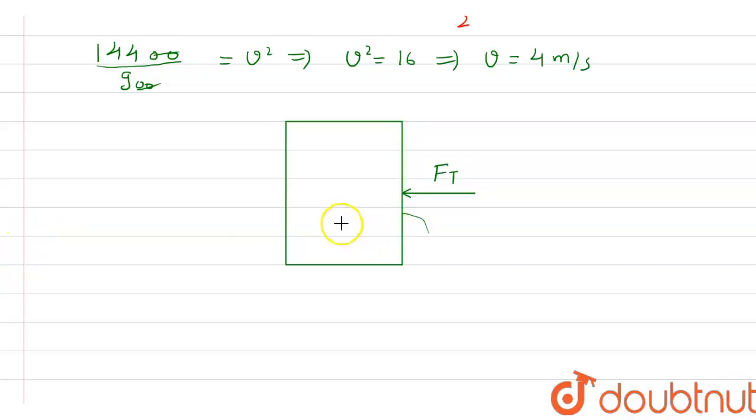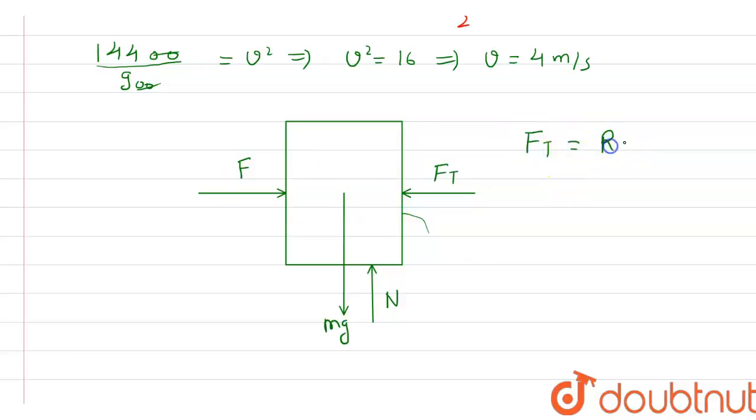Other forces acting here are the weight mg, which is balanced by the normal reaction, since it is in contact with the ground. Now to balance the thrust, we need another force shown in the diagram, that is F. So this force F is equal to the thrust Ft.